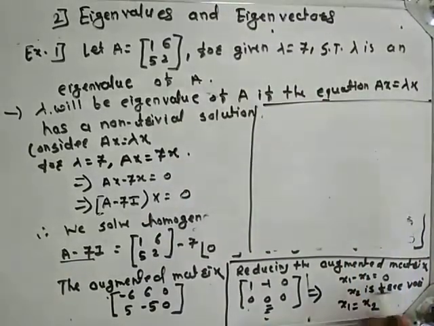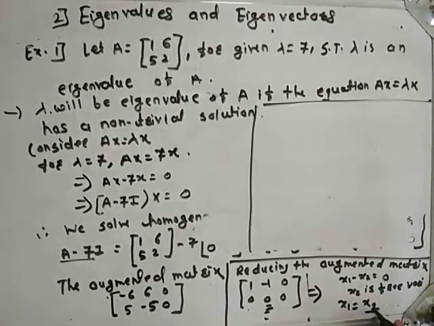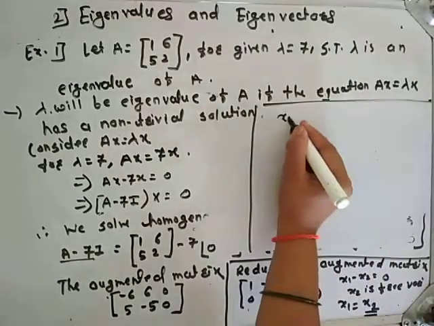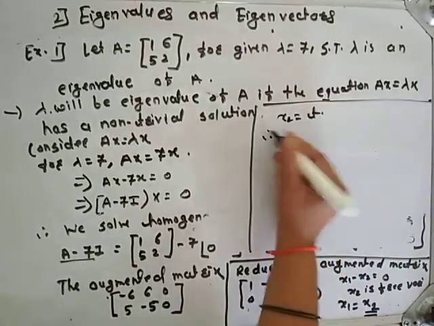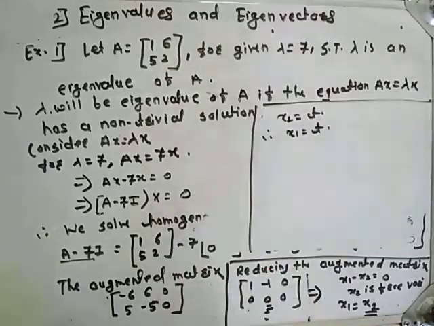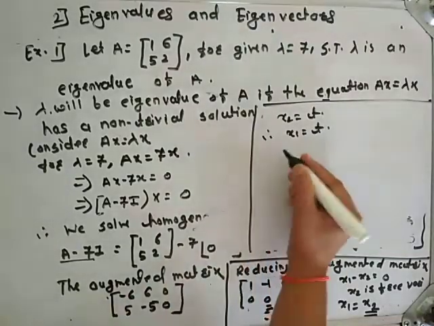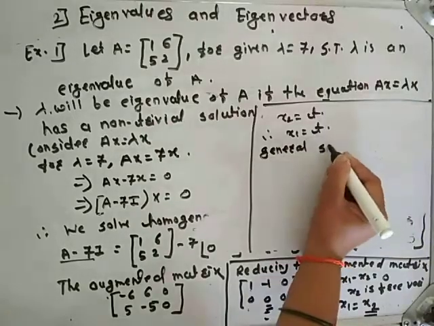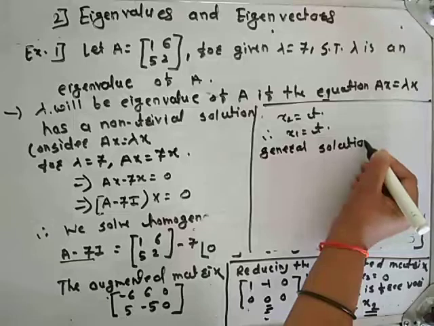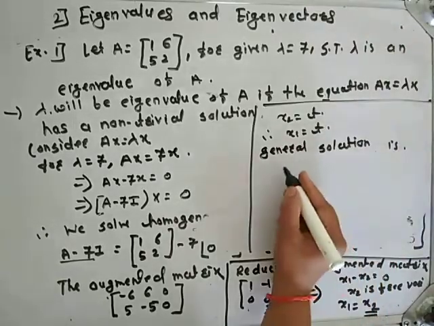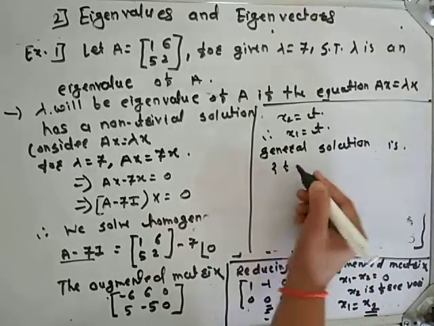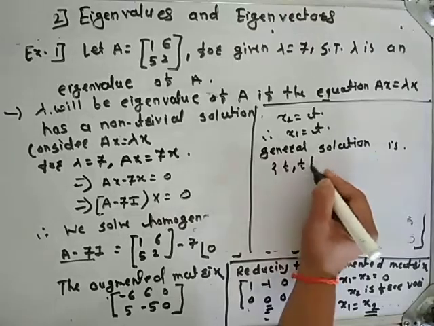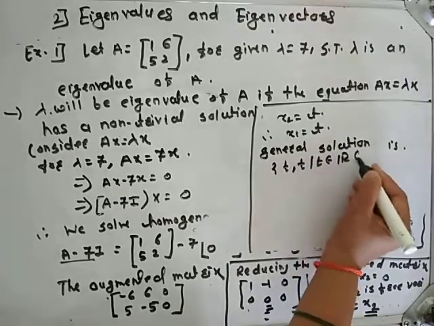See here students, x2 is a free variable, which means we put x2 = t, therefore we get x1 is also t. Okay, so its general solution is the set of vectors (t, t) such that t belongs to R.